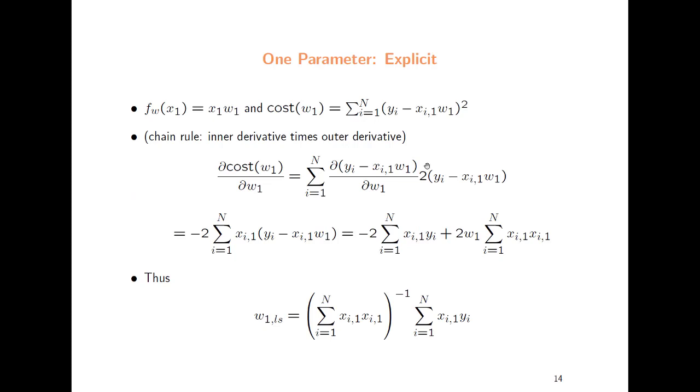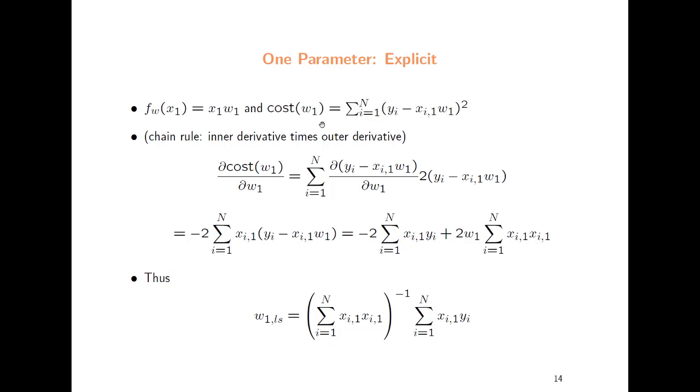I want to bring you a little bit closer to the equations which we will get, and I start very simple with just one input and no constant. So W0 would be 0. Then our function is just x1 times w1, and the cost is just the sum over all data points of yi minus xi1 times w1.